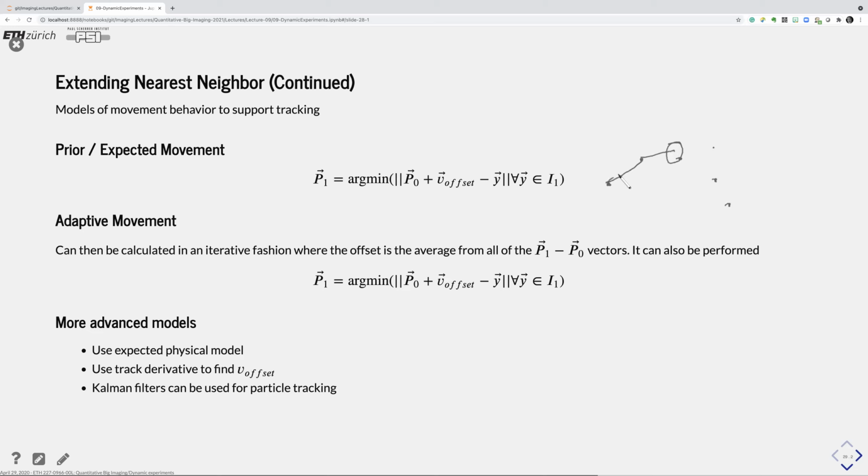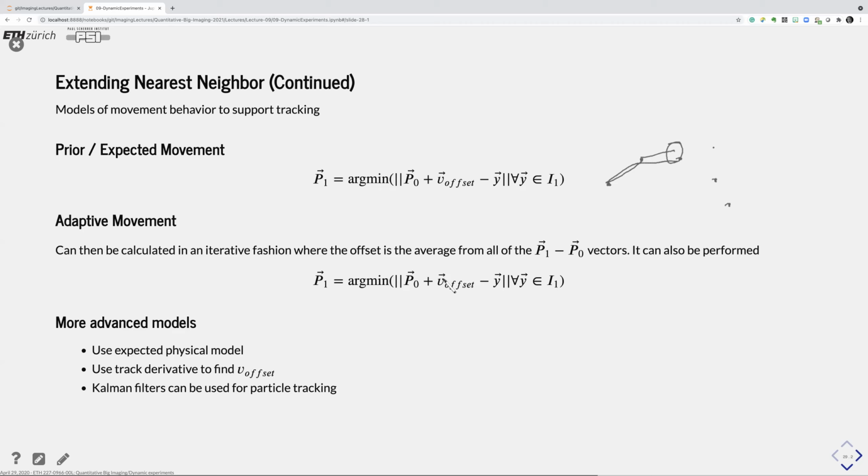So maybe you need a couple of points in order to be able to really track with the expected movement. In principle, this is how the tracking works, and there are many different models for how to do this. This is essentially just a predicted offset that you expect them to move this far.